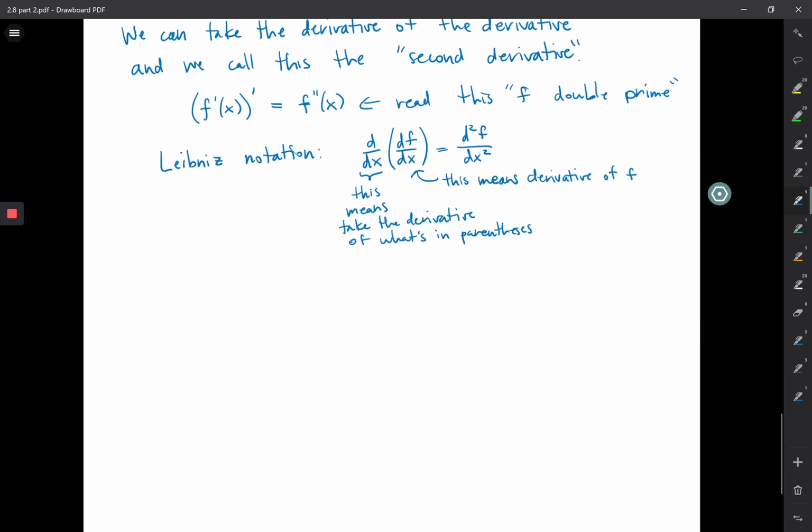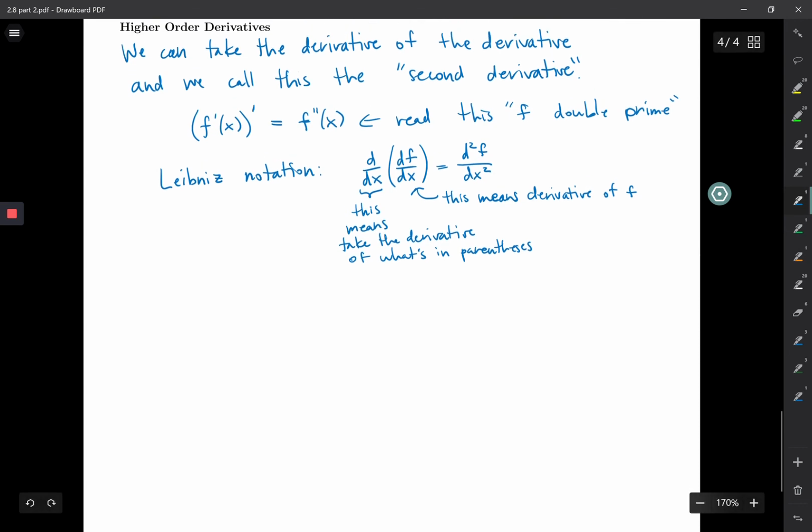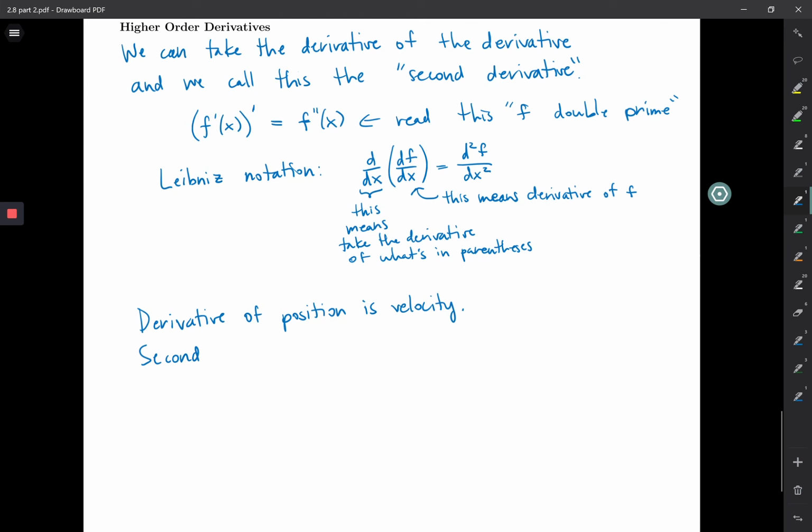Okay, so thinking about this in the context of position and velocity, which we've been talking about. We know that the derivative of position is velocity. Then the second derivative tells you how fast the velocity is changing. So think for a second what you think the second derivative might tell you.